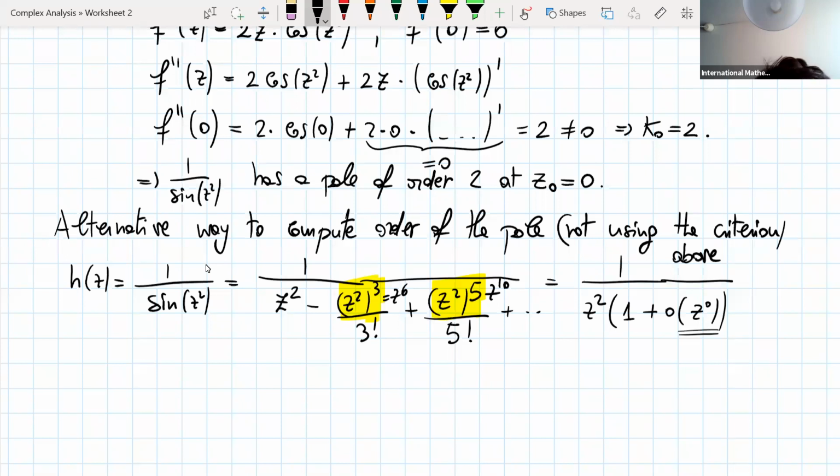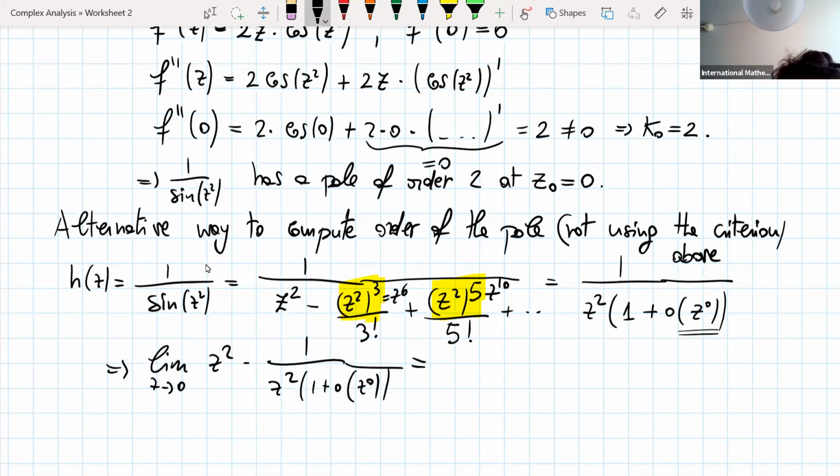And so here again, we see that we have a pole of order 2. So this implies that the limit as z goes to 0 of z squared times 1 over z squared times (1 plus higher order terms) is equal to 1, different from 0, and then the pole is of order 2. Okay, so I just wanted to give this alternative way using power series expansion, since it's always very useful.